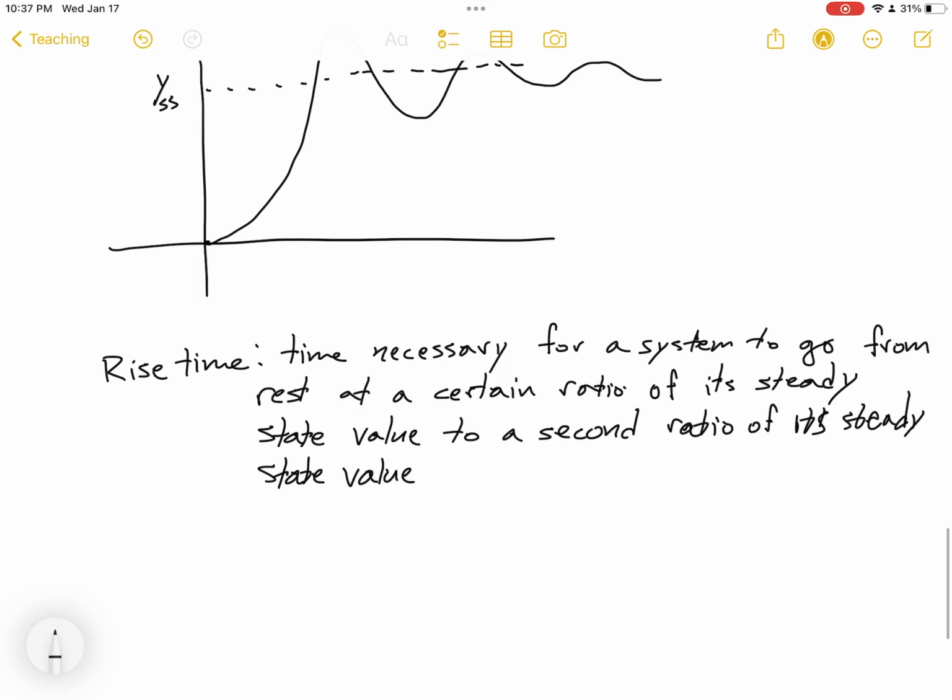So, for example, the time it takes for a system to go from 10% of its steady state value to 90%.